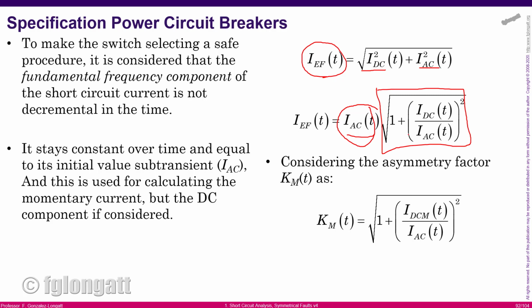This factor is what we call the asymmetry factor. The asymmetry factor defines how the current moves from the origin when the fault happens. I mean, this term says how the DC component is affecting the total effective short circuit current.